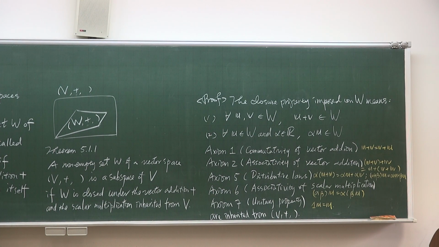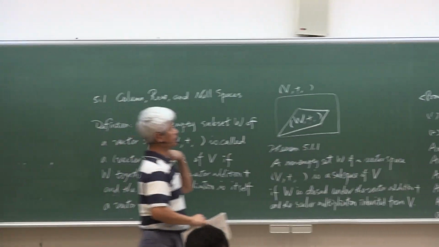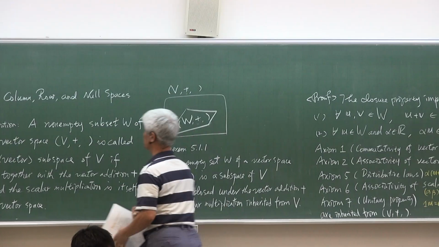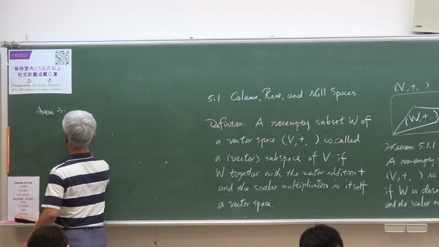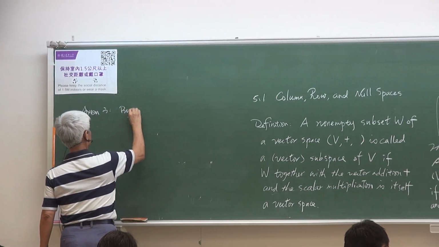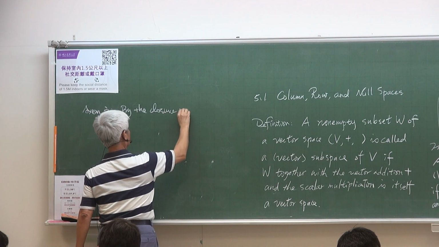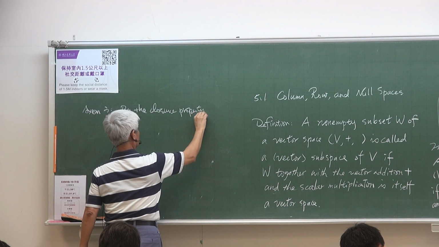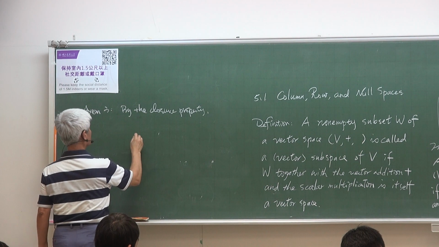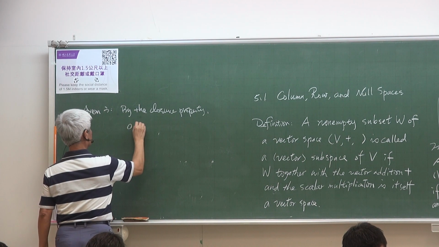So axiom number 3. For axiom number 3, by the closure property, 0 times u.